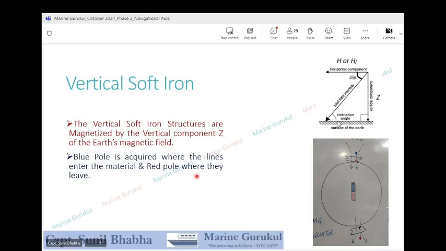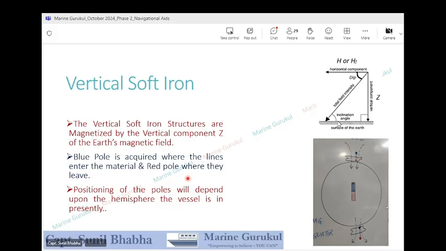Wherever the field lines enter into a structure or a magnet, a blue pole is acquired, and these vertical lines of force going downwards will be coming out from the base of the mast. So the bottommost part of the mast, from where the magnetic lines of force are leaving or going out, gets red polarity. It acquires red polarity because wherever the lines of force leave or come out from a structure or a magnet, it acquires a red polarity at that location.